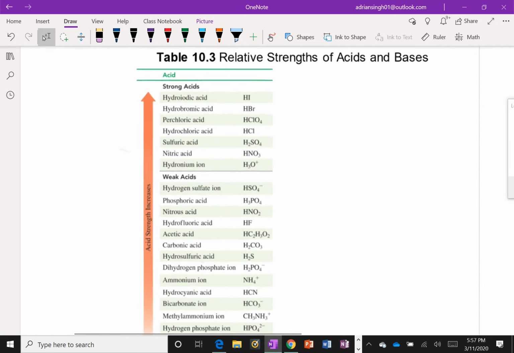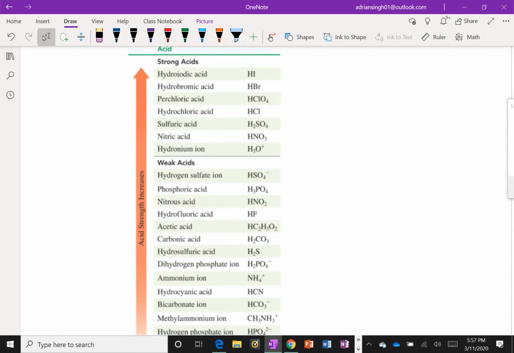All right, so the strong acids we talked about, we listed 3 of them the last time, so let's revisit those. The 3 strong acids: hydrochloric acid, HCl, which is found in your stomach, by the way, stomach acid.